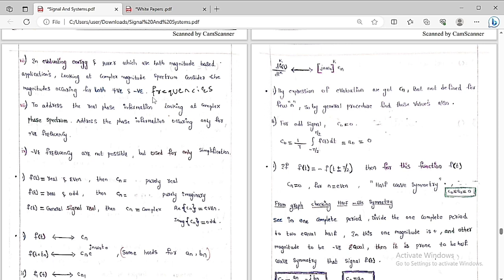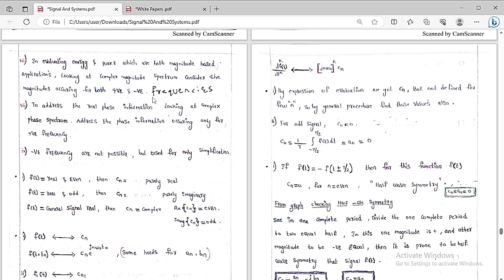The next point is, to address the real phase information, looking at the complex phase spectrum, address the phase information occurring for only the positive frequencies.